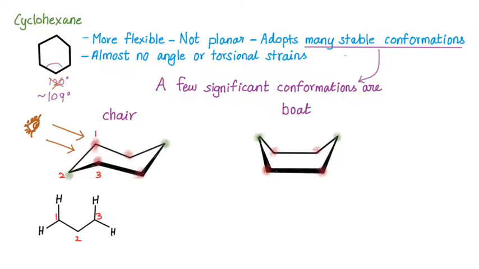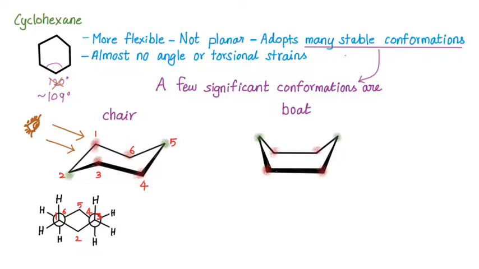Carbons 1 and 3 are the front carbons, and there are 2 backside carbons, 4 and 6. Carbon 5 is a bridge between the backside carbons, and carbon 2 is a bridge between carbon 1 and 3, the front carbons.